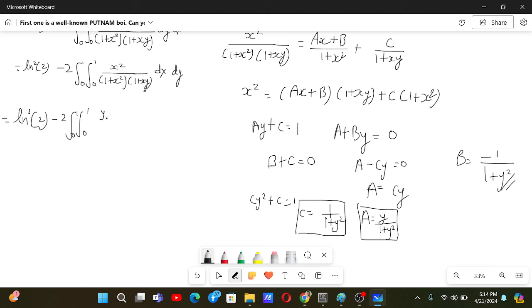So y by 1 plus y squared times x by 1 plus x squared, plus now b is minus 1 by 1 plus y squared, times 1 by 1 plus x squared, then plus c, which is 1 by 1 plus y squared, times 1 by 1 plus xy, then dx dy. Okay, now what can we do next?